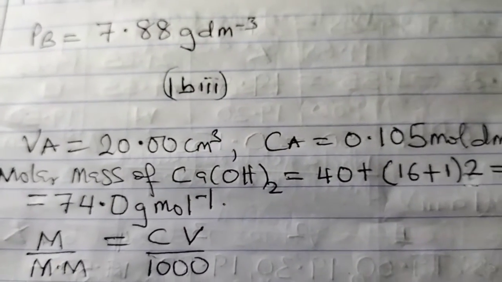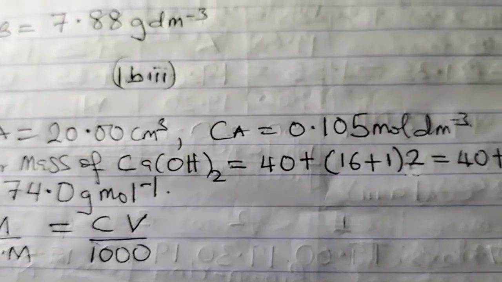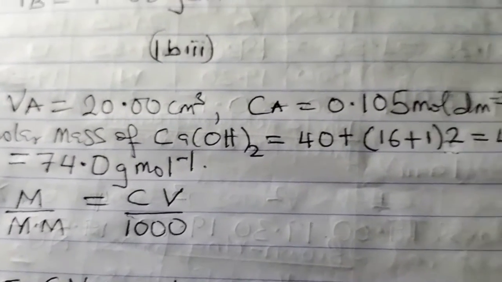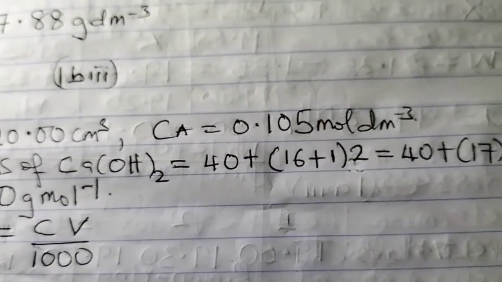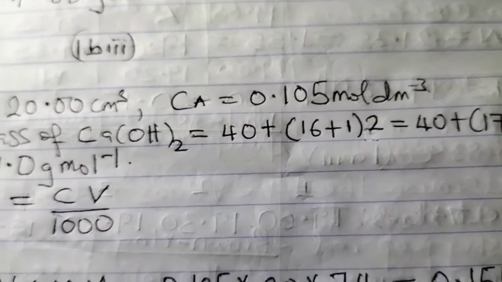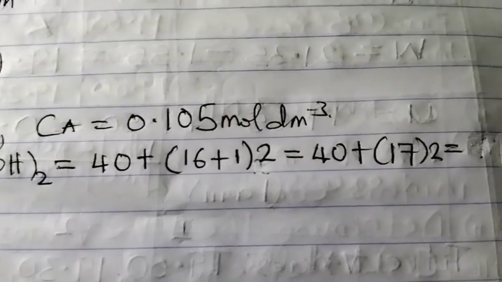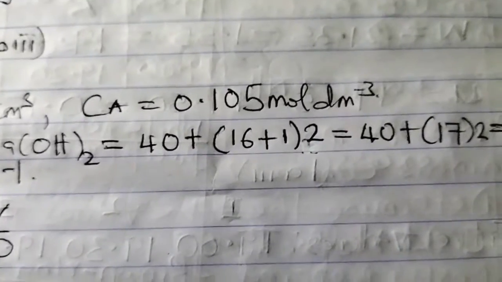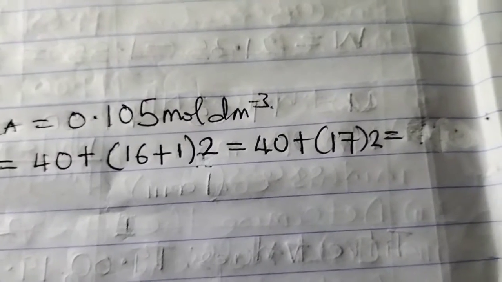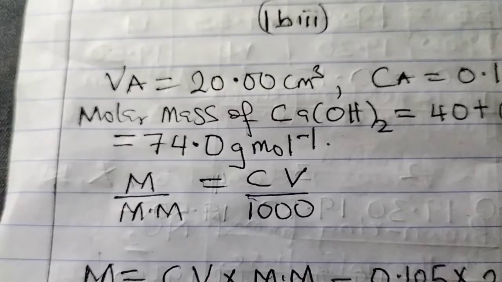We substitute: calcium is 40, then open a bracket, oxygen is 16, hydrogen is 1, plus 1, close the bracket, and multiply by the subscript 2. Then solve for the molar mass. I now have 40 plus 16 plus 1, which is 17, times 2. So that gives us 40 plus 34, and that gives us 74.0 gram per mole.